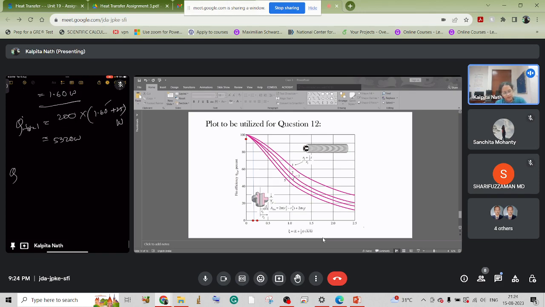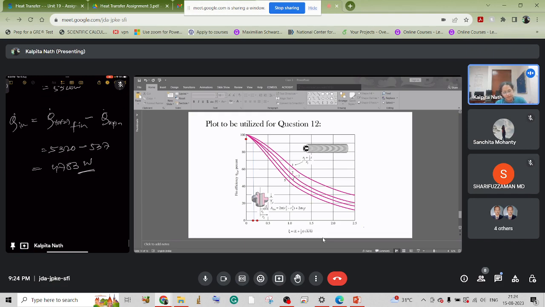Now we need to find the increase, that is the total heat transfer with fin minus the total heat transfer without fin, 5320 minus 537. This came out to be 4783 watt per meter of the tube. We also calculated the overall fin effectiveness, which is the total heat transfer with fin upon the total without fin.